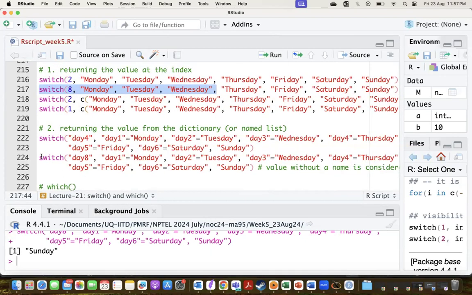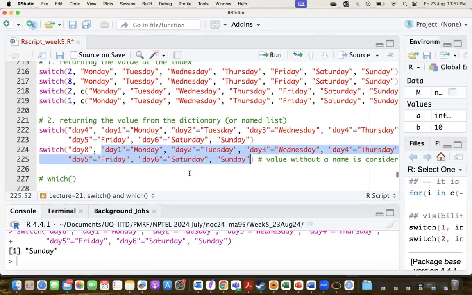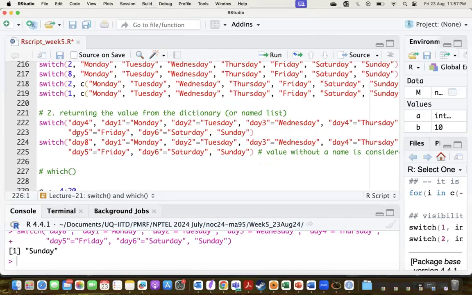But now when you're working with a named list or a named setup, then the variable without a name is considered to be a default. So when we write day 8, since day 8 was not present as any of the names, we went to the default value.